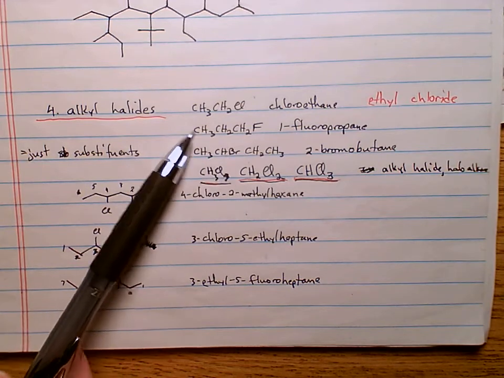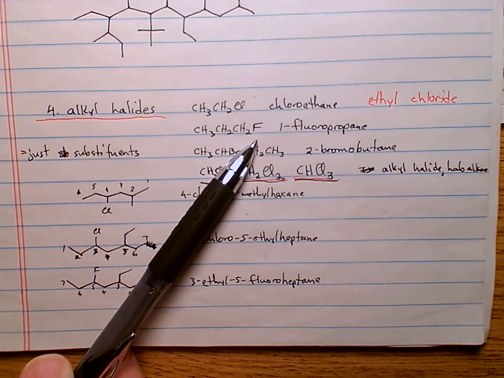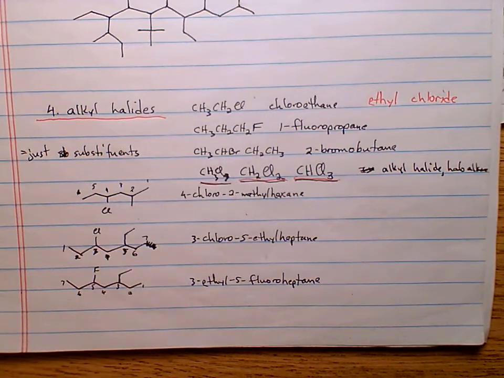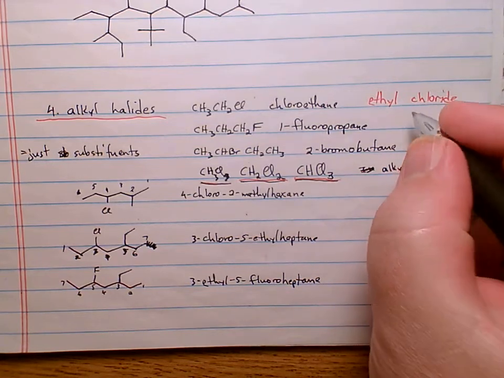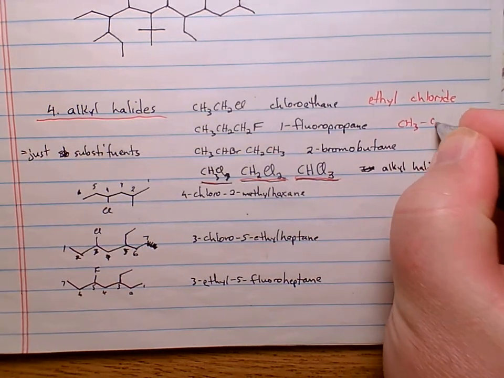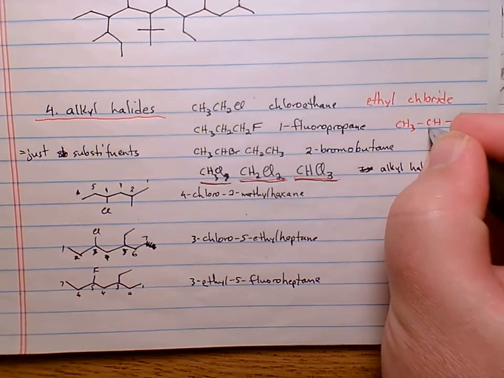So what would the common name for this be? Propyl fluoride. Just propyl fluoride. All right. What would the common name for this be? CH3CHFCH3.